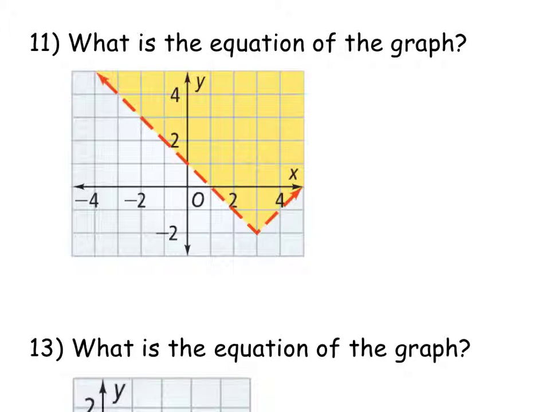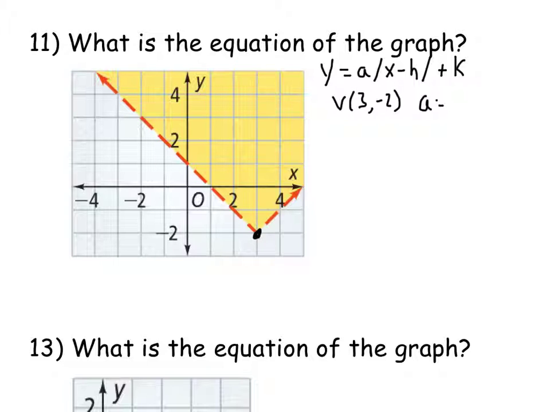So we write down our general form for an absolute value. Y equals a, absolute value of x minus h, plus k. And we need to work this just like we did that last problem, number 7. So, where's our vertex? Sitting right there at (3, negative 2). And a is the slope of the right side, which in this case is up 1, right 1.